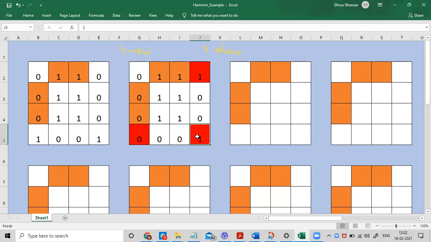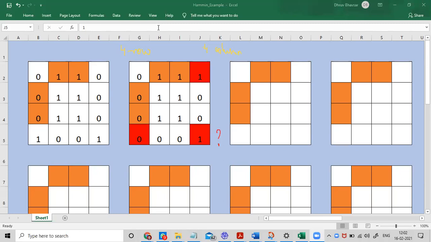The 4th row and 4th column. What can you say about this? What can you say about 4th row, 4th column?